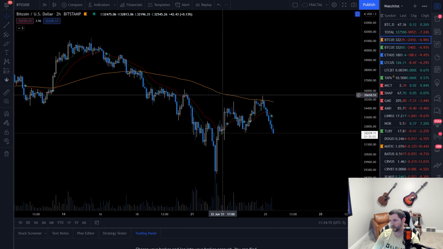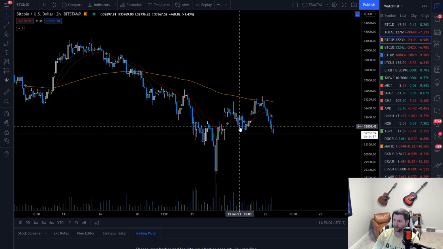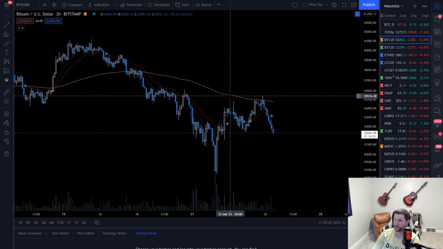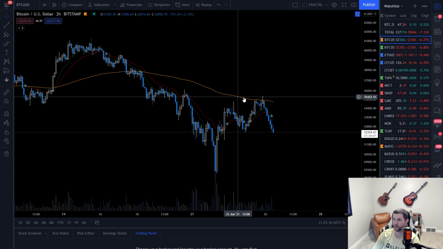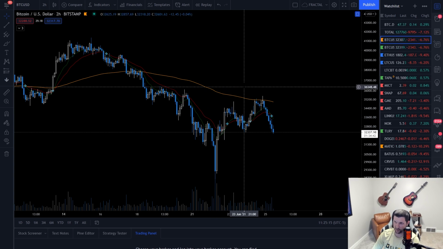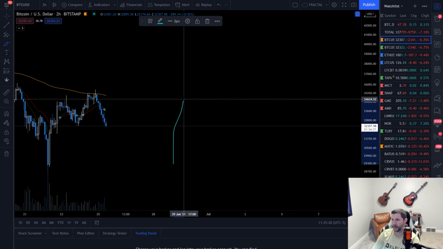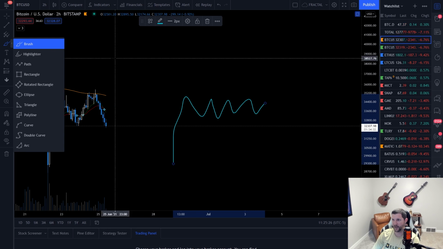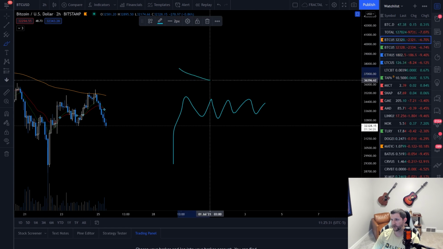So if my target started out as 35,700 and we push up here and we don't quite reach it and we bounce again, now my target is going to come down to 35,100 where it was previously 35,700, because this is averaging the price and it's going to be moving down the longer we consolidate here and the more time we spend not going up. So the longer you see price consolidate, you're going to see these EMAs start to come down and meet up with price.